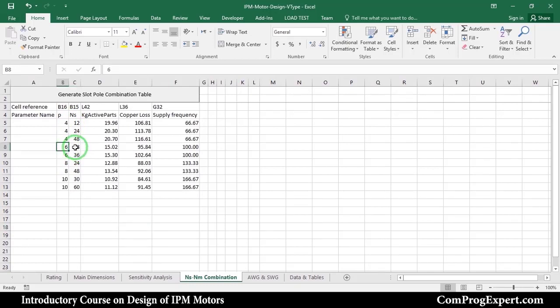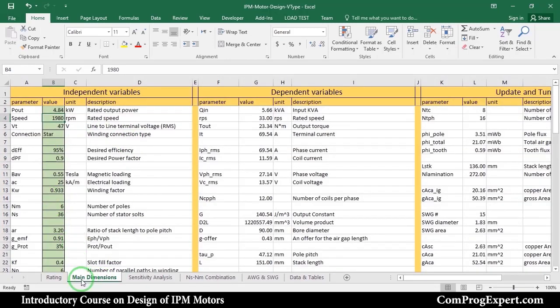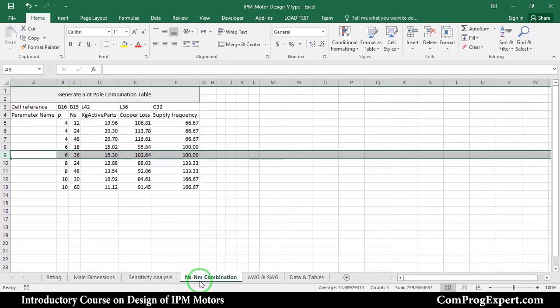This is one combination, and we have some columns there, where every column indicates one property of a motor. Actually, every record is one design, versus this sheet, main dimensions, analytic design of motor.